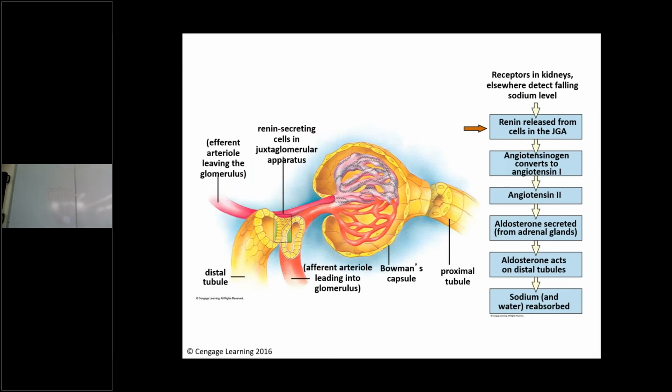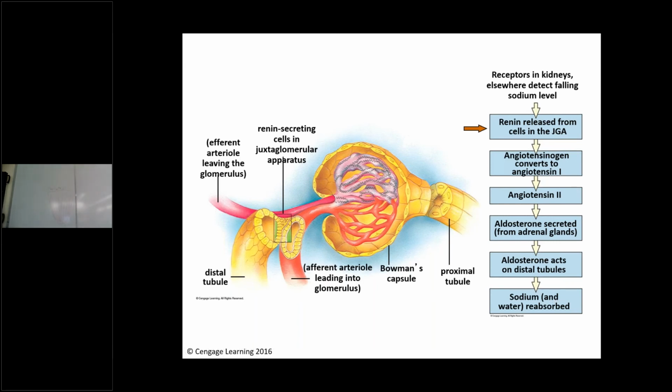This next slide is showing you here in yellow the capsule, that balloon that's covering the capillary bed, the glomerulus. And here's the beginning of the tubular network of the nephron. On the right-hand side, it talks about different hormones that play a part, right?